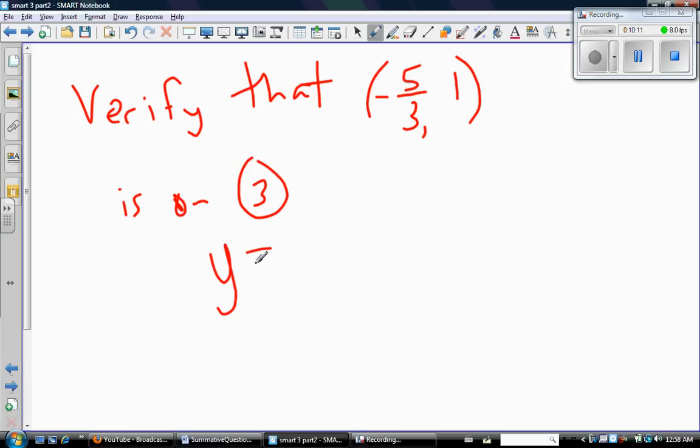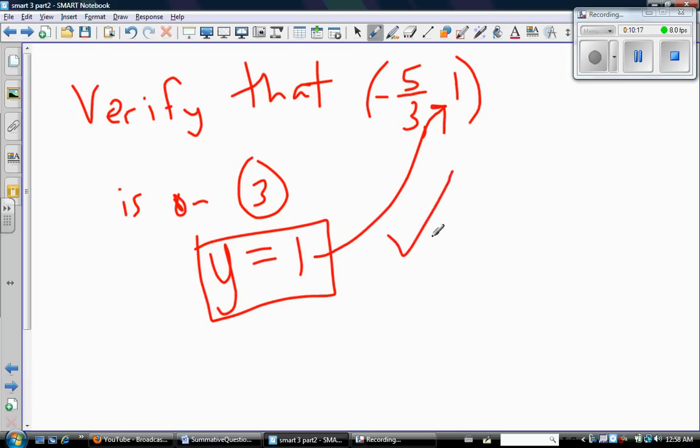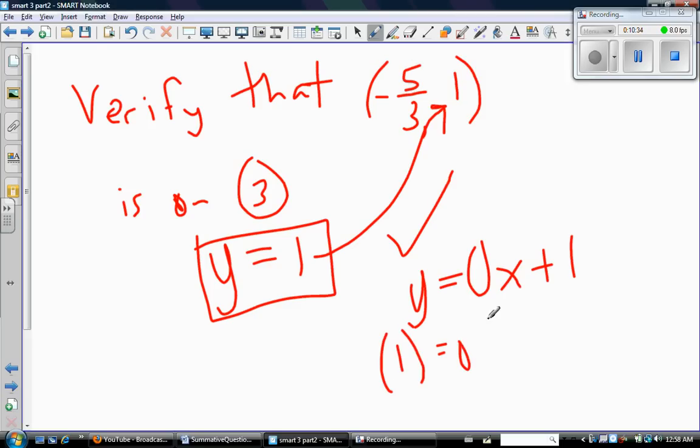Now the equation of line 3 says this. Clearly, y equals 1. So you could also think of this as the line y equals 0x plus 1. So if I sub that point in, I know this is redundant, but let's show it anyway. If I sub in 1 and negative 5 over 3, I get 1 equals 1, a true statement.